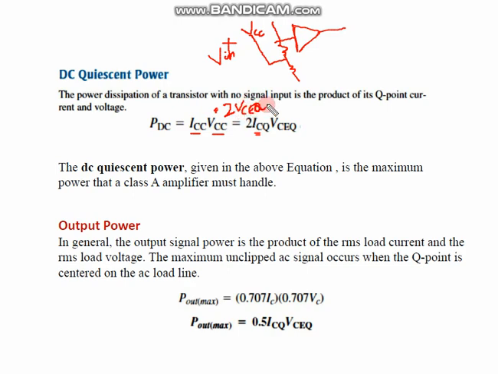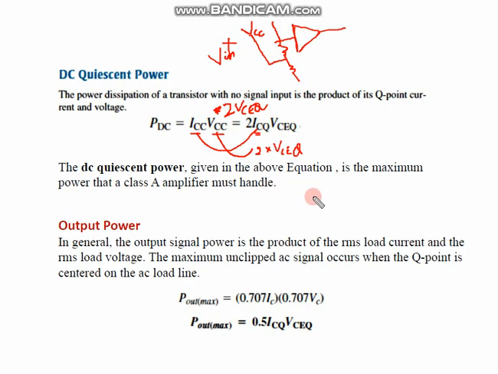So I put the value, IC becomes ICQ, and VCC becomes 2 times VCEQ. So this is how we can calculate quiescent point power when there is no input signal.